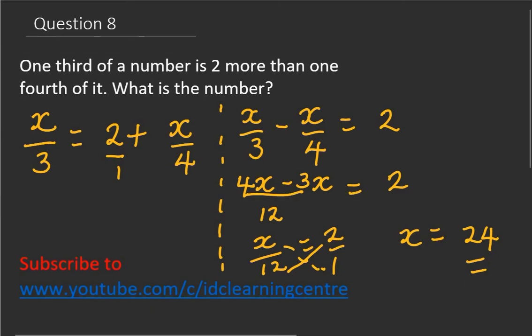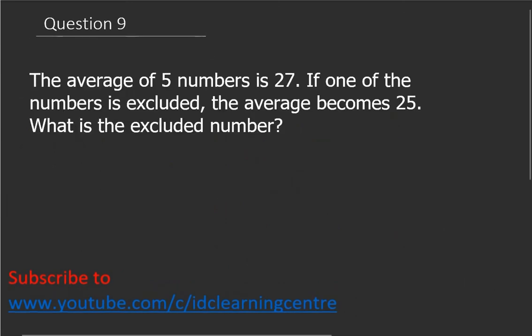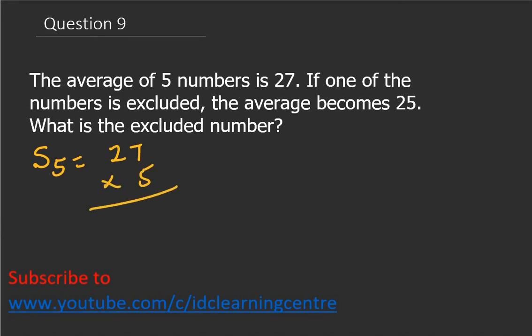Alright, question 9. The average of 5 numbers is 27. If the average is 27, to get the total sum of the 5, you multiply 27 times 5. 5 times 7 is 35. 5 carry 3. 5 times 2 is 10 plus 3. The sum of 5 is 135.